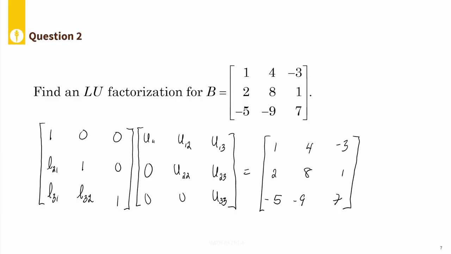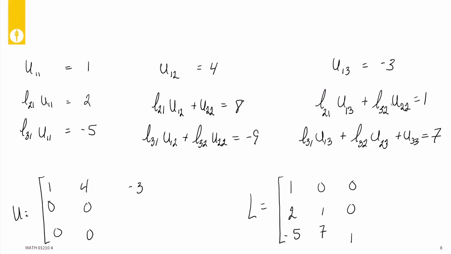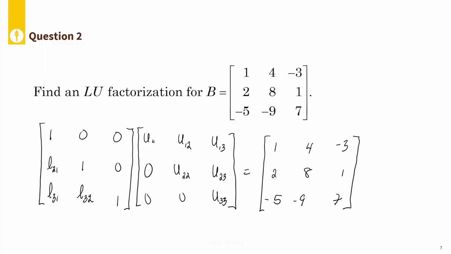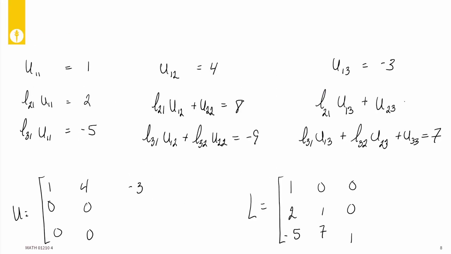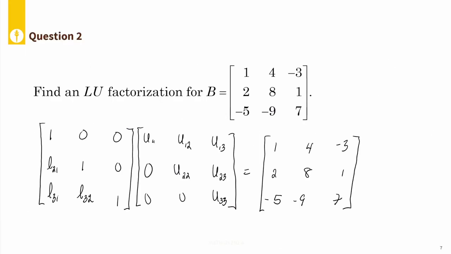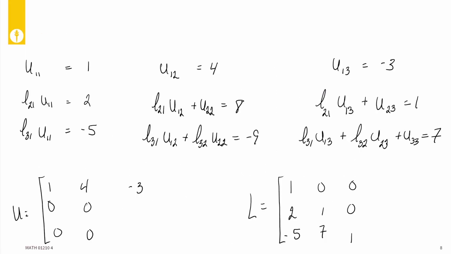Yeah. For a second row, third column, it should be just U23. Yeah. Right? Yeah. And that equaled, what did I say, 1? Yeah, 1. That's going to change that value.